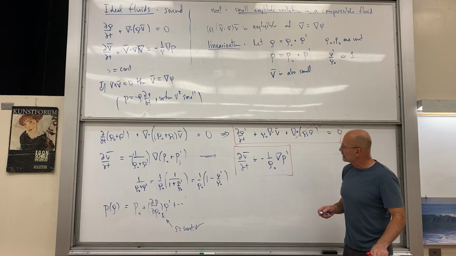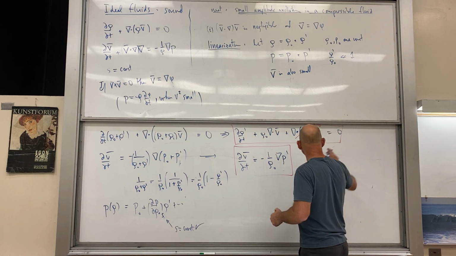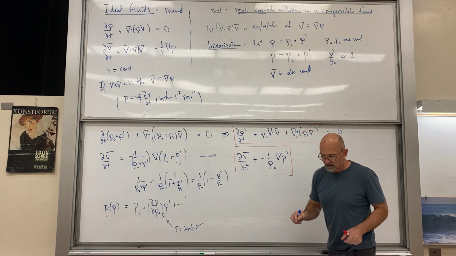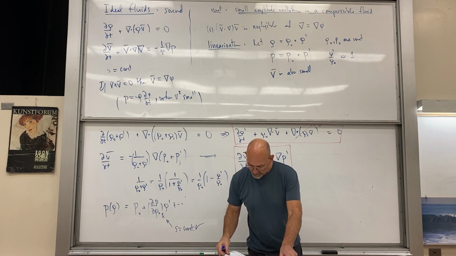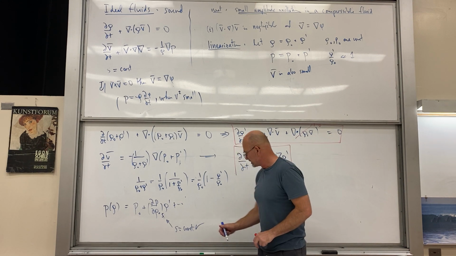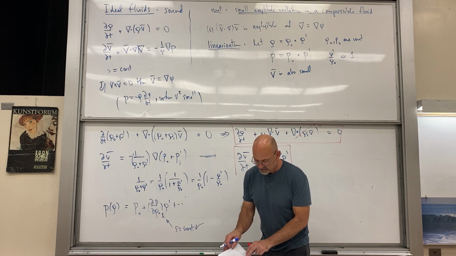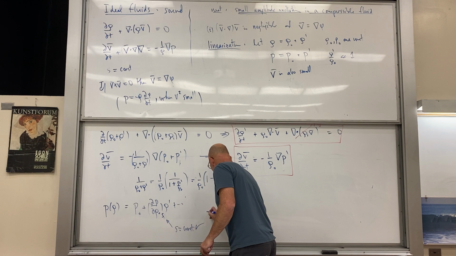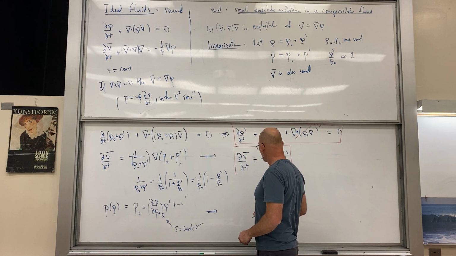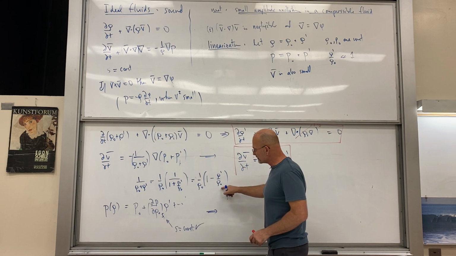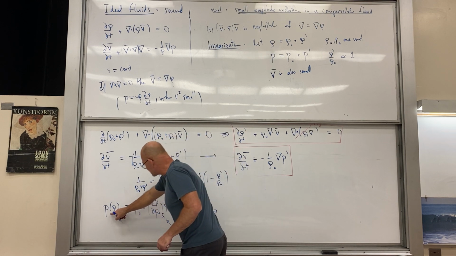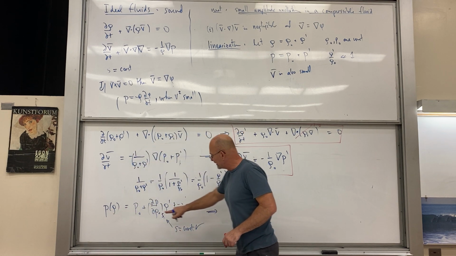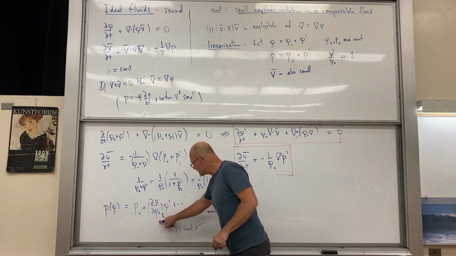Okay, so we have the ingredients now. I'm going to put these two together. In fact, let's draw the conclusion from this one right here. So if we can expand p like this, and since this is p0, this is p prime.